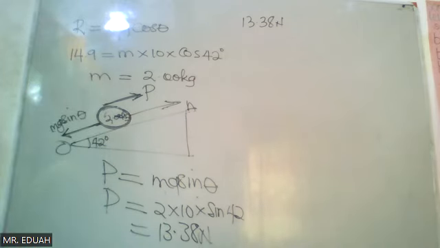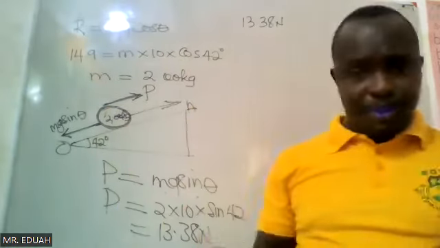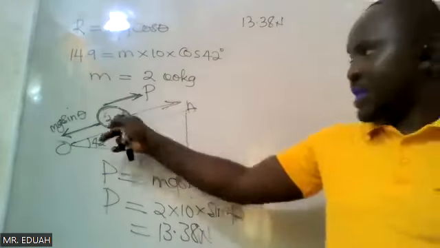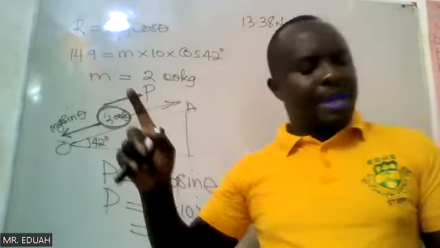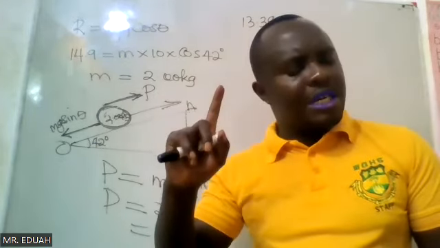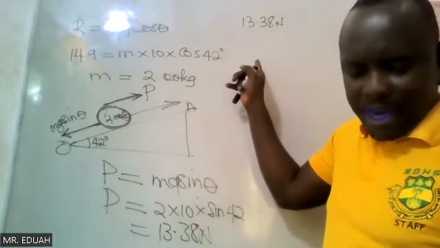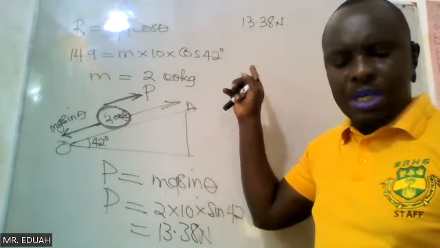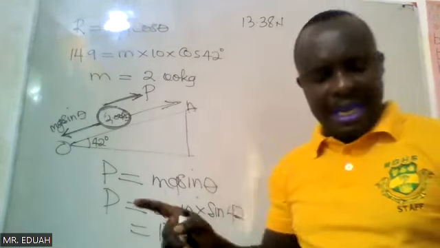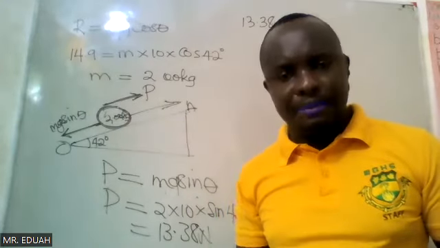Then there is another follow-up question. B. We are solving the B part. If the parcel, which is the mass, is pulled up the plane by a force of 20 Newton parallel to the plane, find the resultant force along the plane.